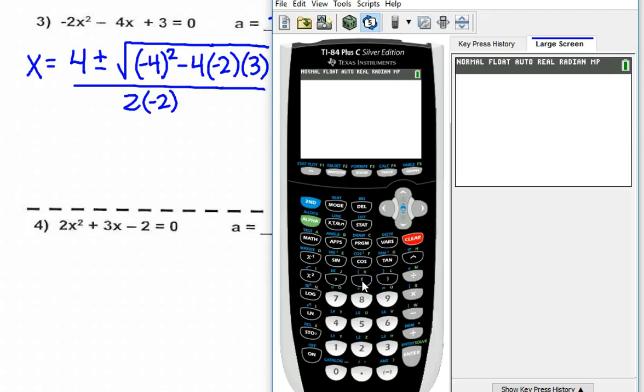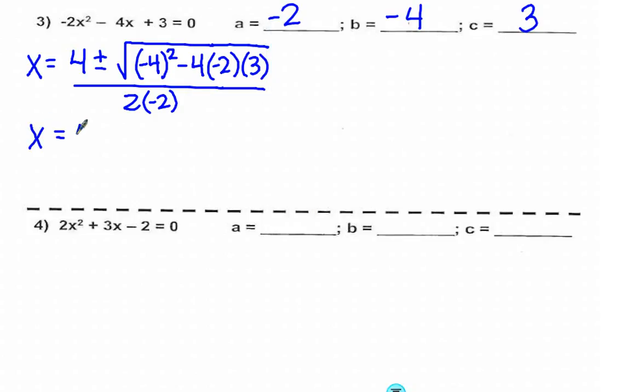So I'm going to plug my stuff in exactly how I wrote it: negative 4 squared minus 4 times negative 2 times 3. And I get 40. So this is saying x is equal to 4 plus or minus the square root of 40, divided by 2 times negative 2, which is negative 4.